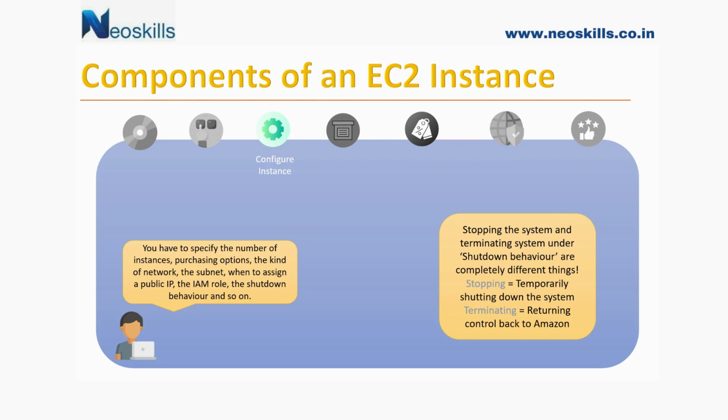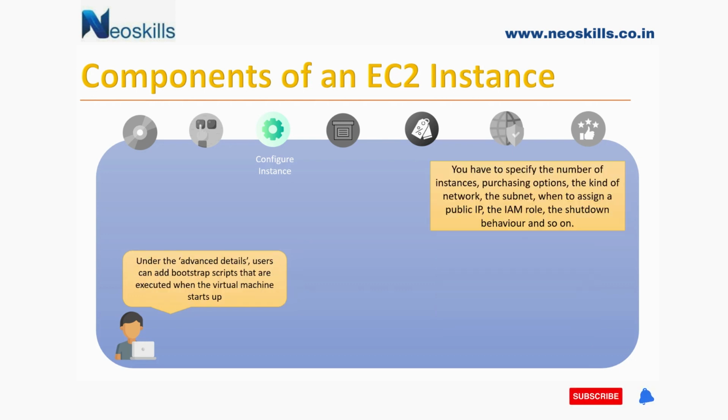That's the third step. And not only that, under the advanced details or advanced tab, under configure instance, I can bootstrap the instance with some scripts. Bootstrap is nothing but the scripts that you want in the instance before it actually comes online. Let's say you are provisioning the instance for somebody else, instead of you launching the instance, logging in, running some commands and then handing it over to another person.